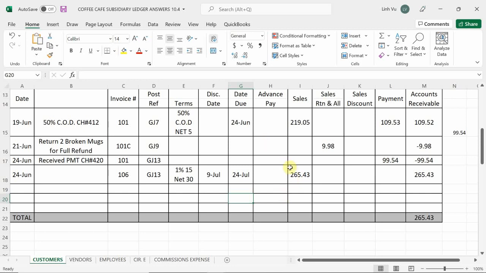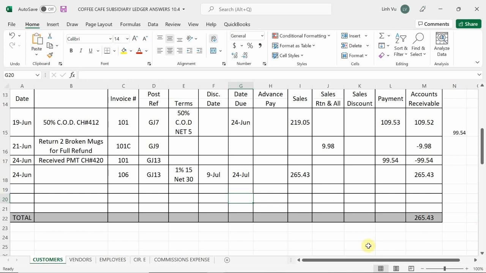Now all customers get charged a delivery fee. Can you discount a delivery fee? No. Okay, I forgot, no worries. So in this case, because we charge them $30 of delivery fee, we must take that out because you can only discount the actual price of the items that you sold.